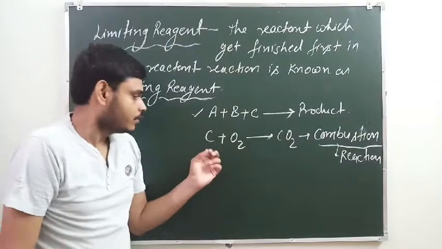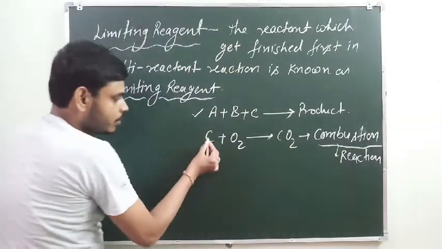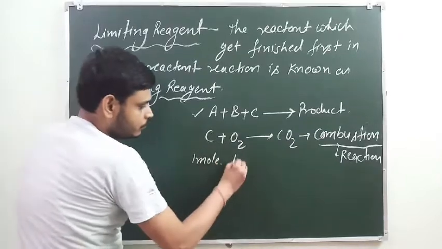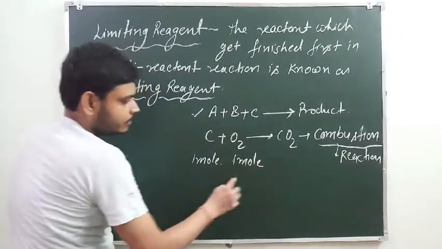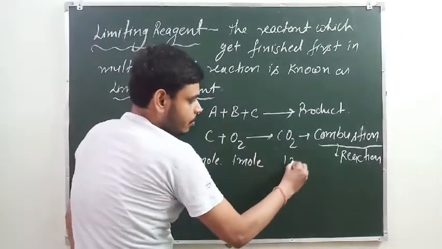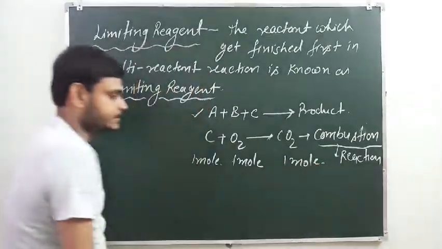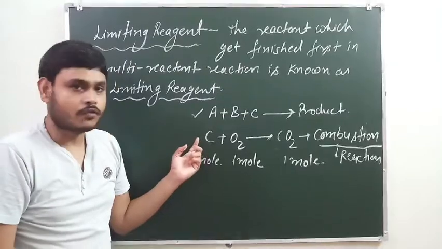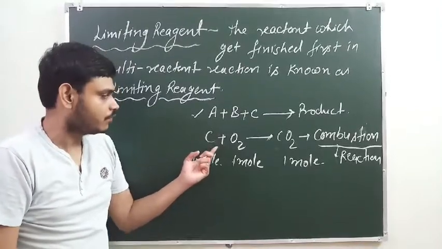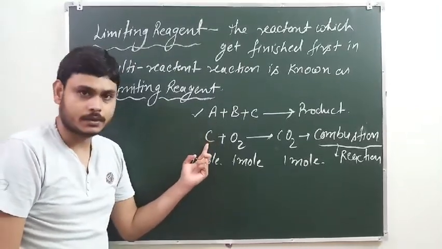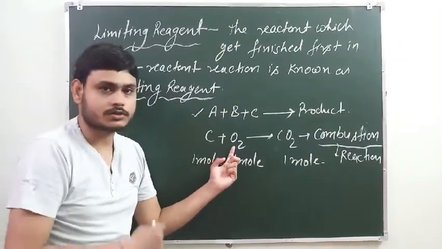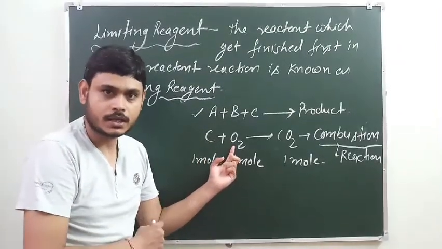In this reaction, the number of moles of carbon is 1 mole, 1 mole of oxygen to produce 1 mole of carbon dioxide. Clear? In this reaction, for the complete combustion of 1 mole of carbon, we require 1 mole of oxygen. Clear?